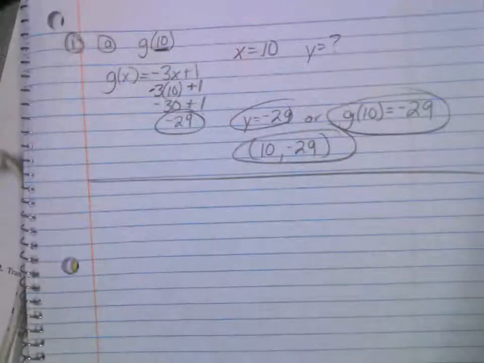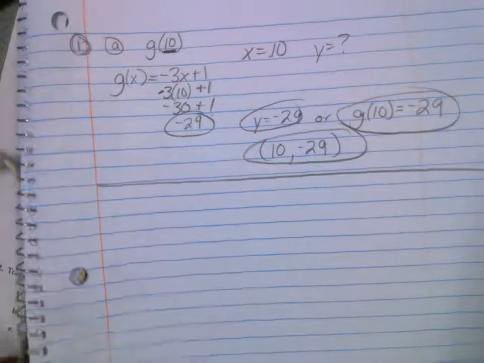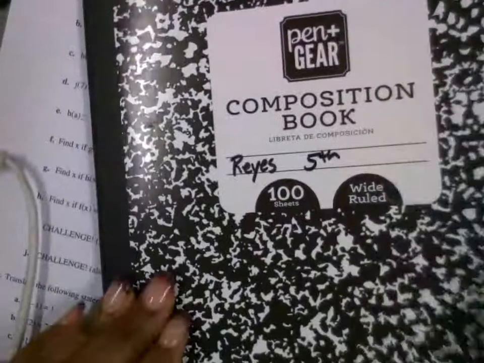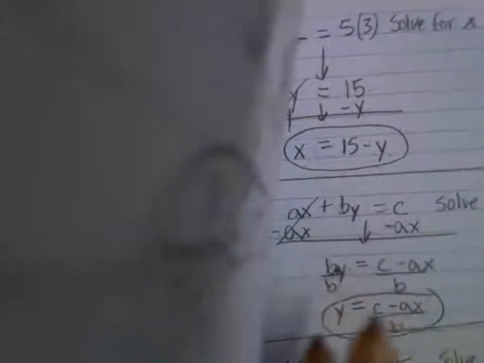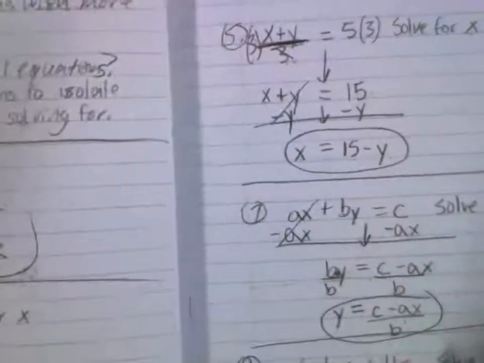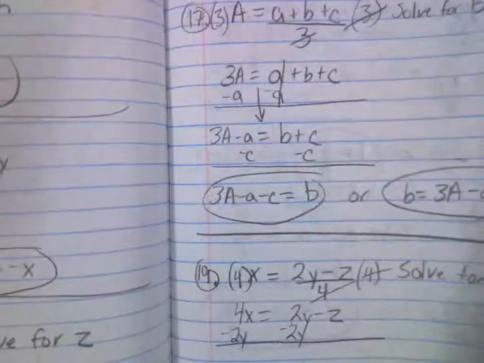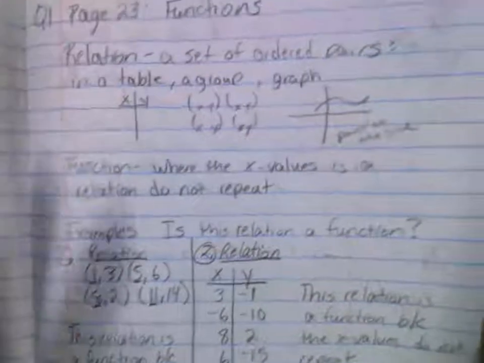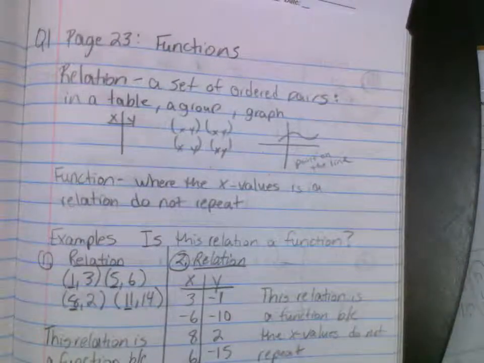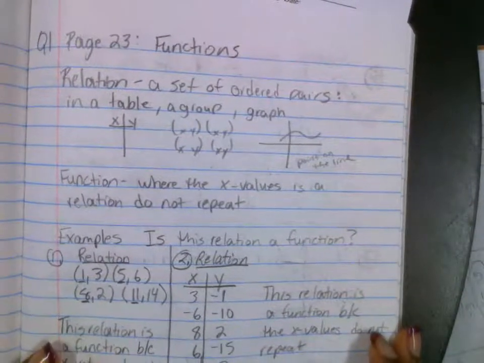All right. Interactive notebook. What should be in there? I'm going to go in order. We did notes. Functions, page 23. Everybody got that?